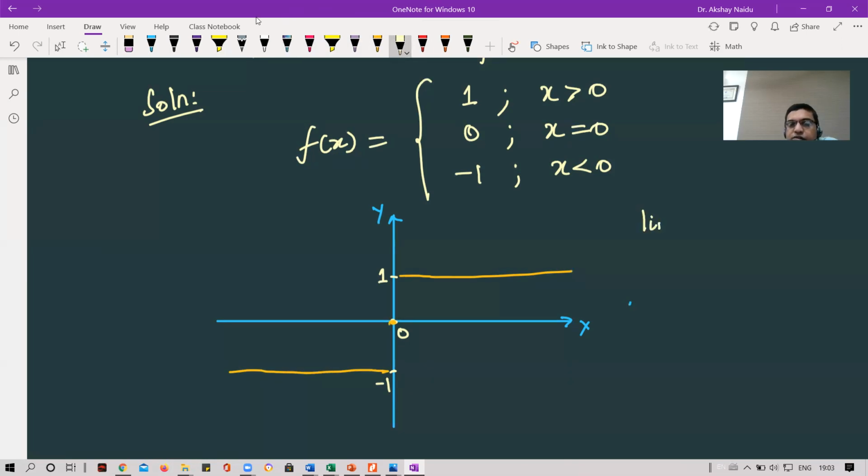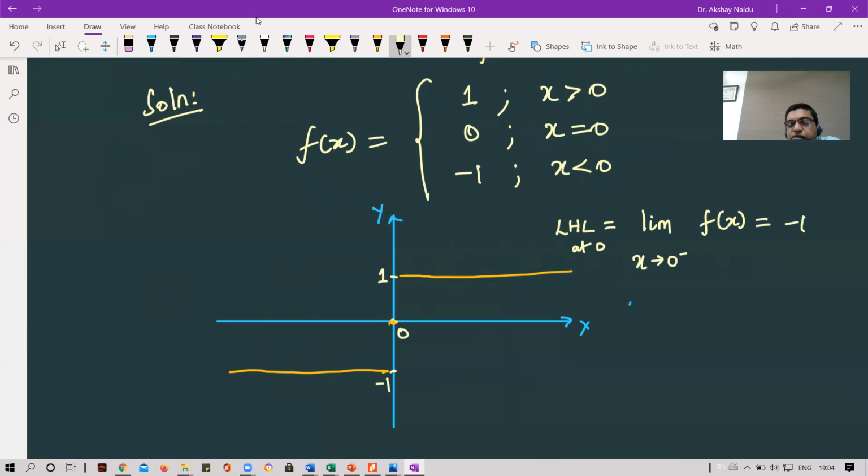Limit x tends to 0 minus f of x. This is what is called the left hand limit at 0. All right, left hand limit at 0, limit x tends to 0 minus f of x. So just before 0, the function value takes the value minus 1.